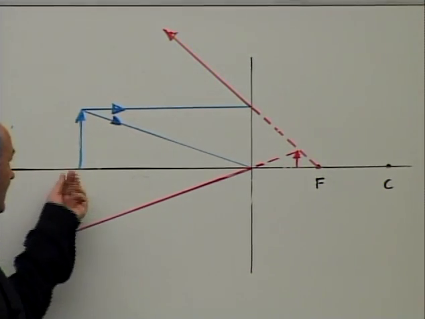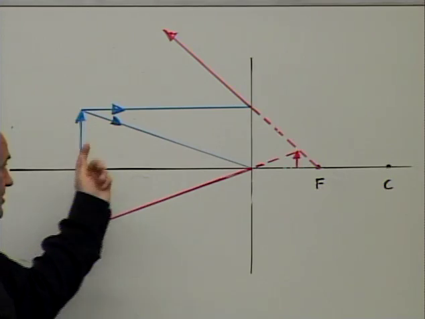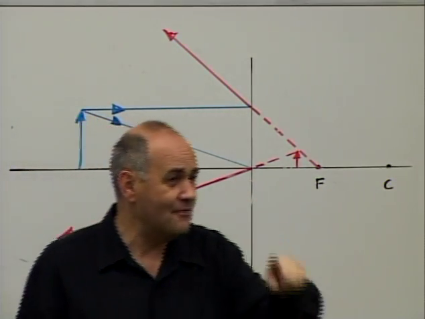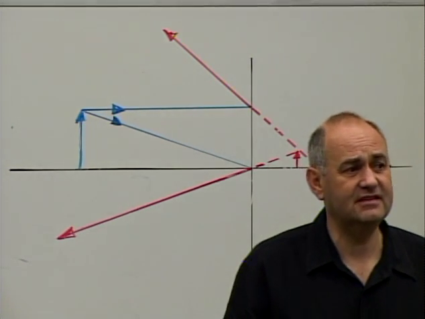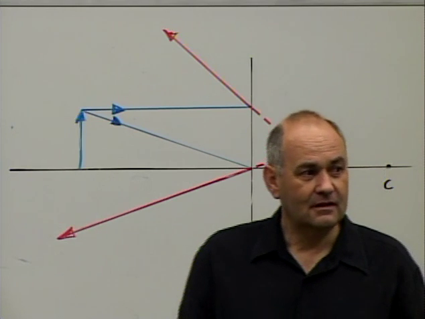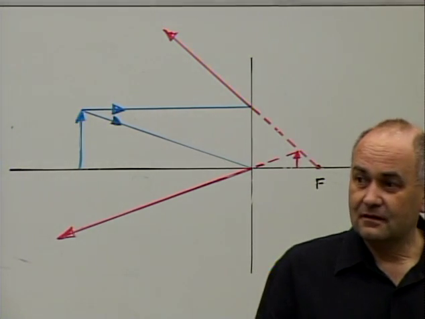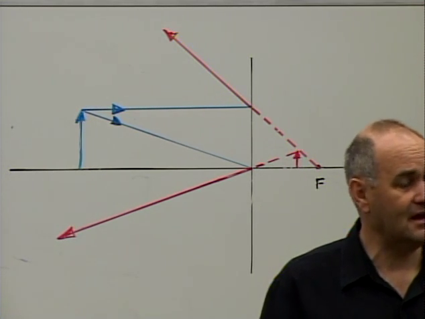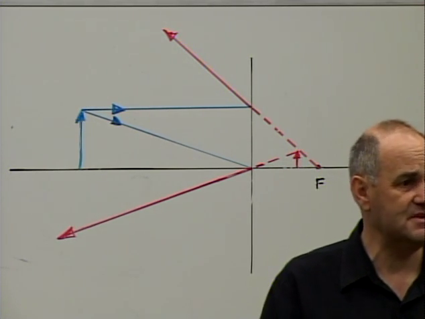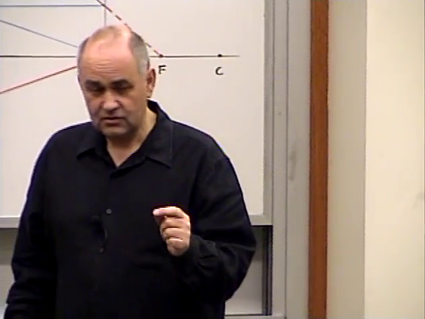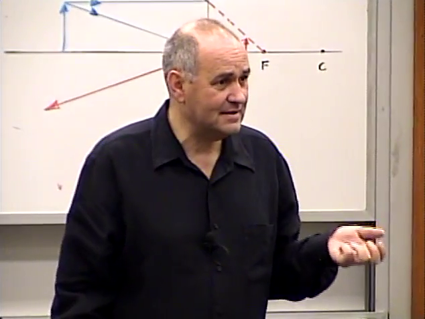We will see what will happen if I put an object on the other side of a convex mirror. Now, how can I put an object on the other side of a convex mirror? In other words, in general, how can I put an object behind the mirror? There's only one way to do it. You can never put your face behind the mirror, can you?